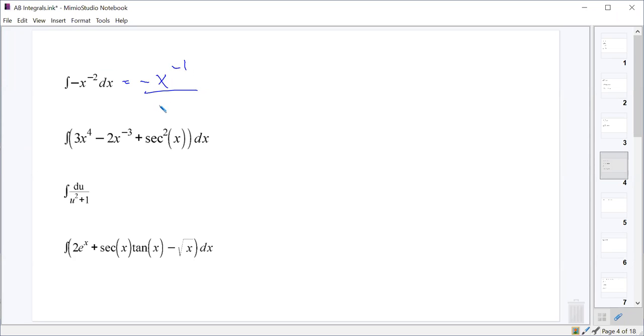And then we'll divide that by negative 1 and add a constant. And so that should just become 1 over x plus our constant. Good or no? Great. All right, what about the next one?